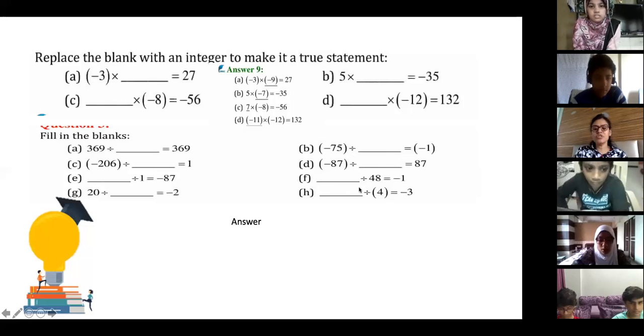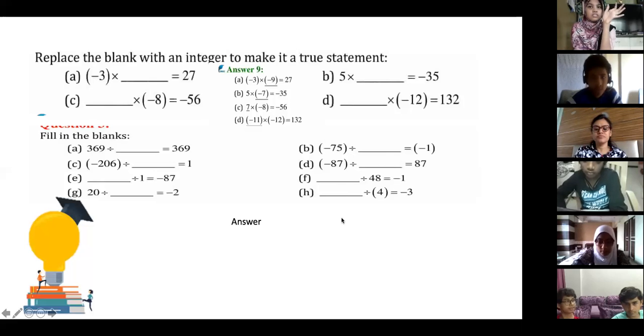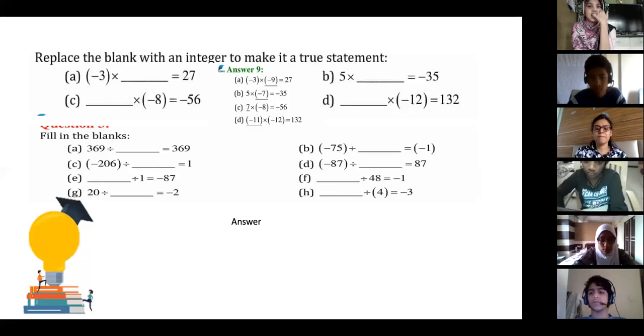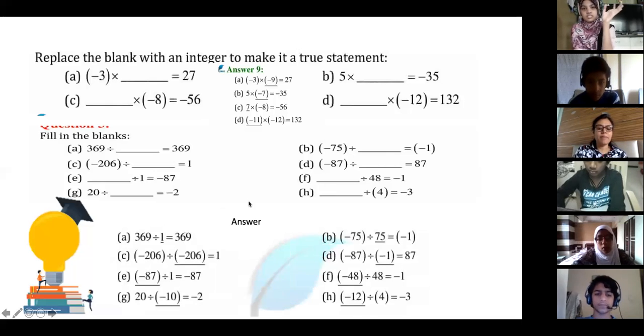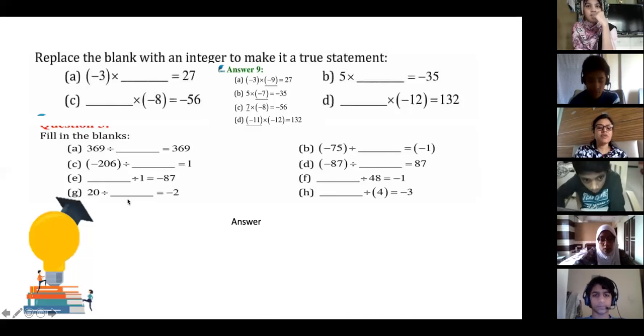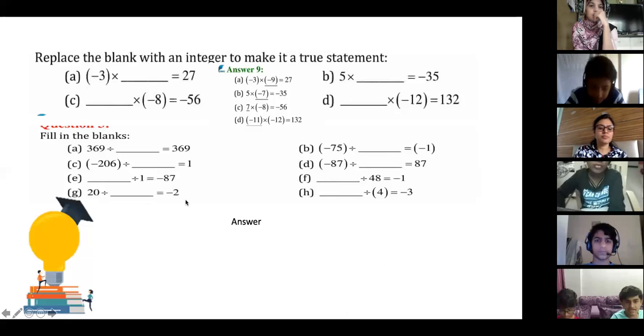Abdullah, dash divided by 48 is equal to minus 1. Minus 48. Yes, minus 48. Okay, Mudabbir, 20 divided by dash is equal to minus 2. Minus 10.